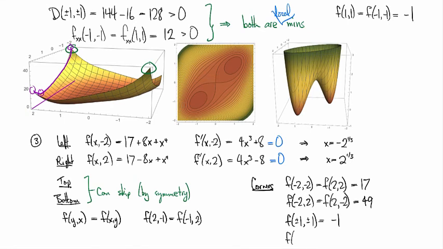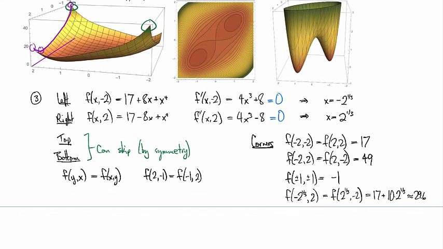F of minus cube root of 2, 2, and f of cube root of 2 comma minus 2. Those ones both give us 17 plus 10 times cube root of 2. Wow, that was a messed up 2. It's had a bad day. Which is something like 29.6.